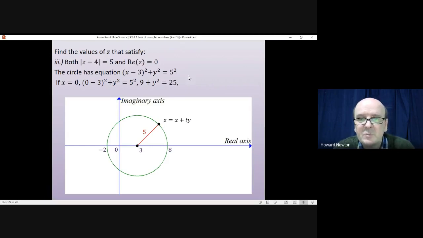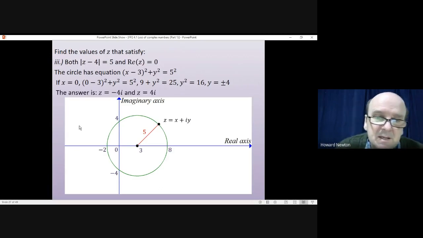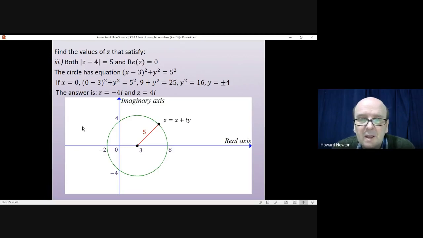That gives us 9 plus y squared is 25, which means y squared equals 16, and y equals plus or minus 4. So this point here will be plus 4, and this point down here will be minus 4. And writing down the answer, that means the answer is z equals either minus 4i or plus 4i. That would be these points on the imaginary axis.